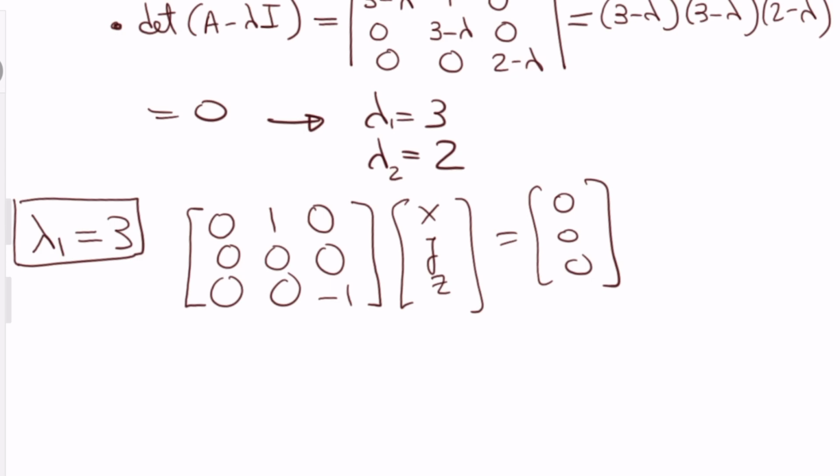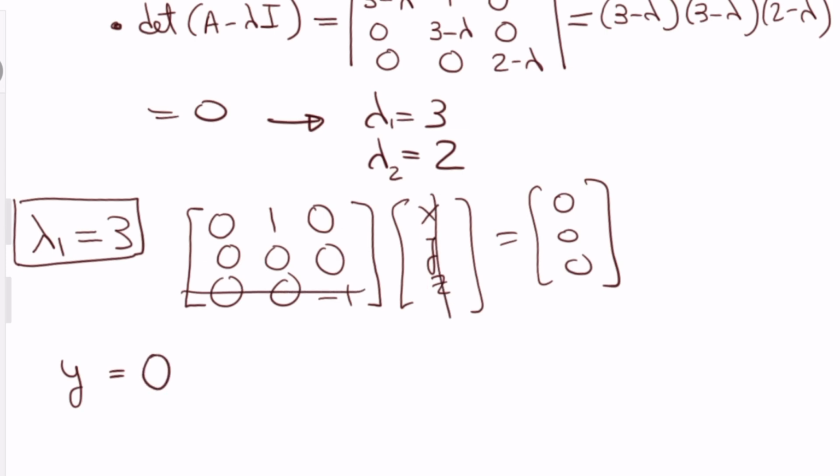So we do the Gauss-Jordan elimination. In this case, we can see right away that this is a reduced matrix. Let's just multiply to get the equations that the vectors have to satisfy to be in this eigenspace. From the first one, we set that y is equal to 0. From the second one, we obtain nothing.